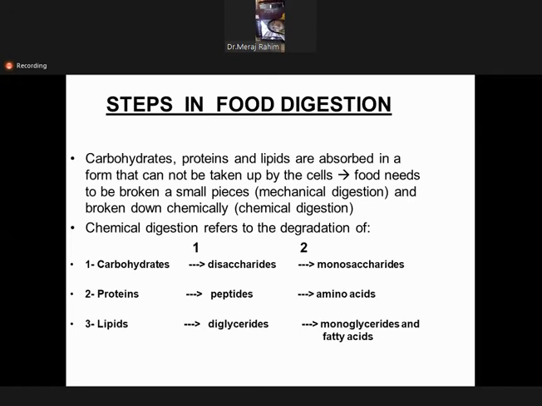So the carbohydrates are broken down into smaller molecules like the glucose, the disaccharides, the monosaccharides. Okay, so the carbohydrates, proteins and the lipids are broken down into smaller products, and then they are absorbed by the cells so that the body can use it for our different mechanisms which are needed by the body to perform.